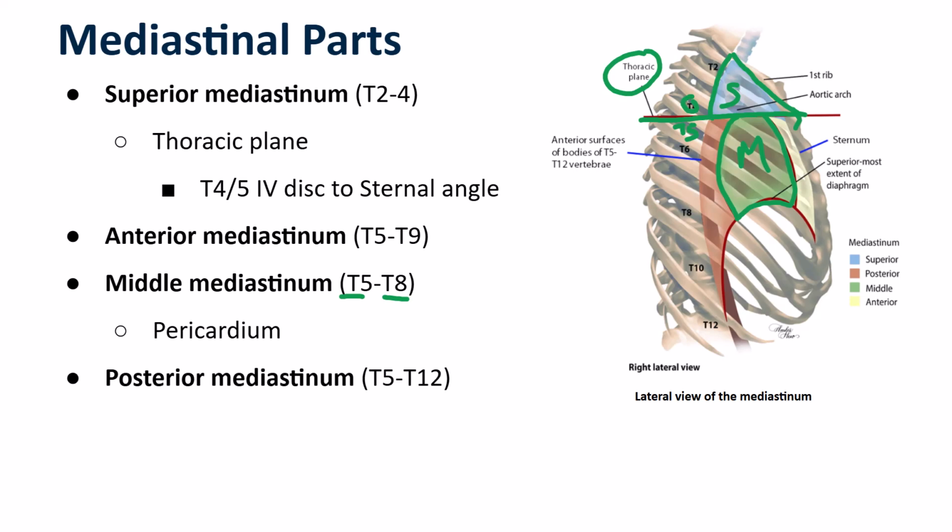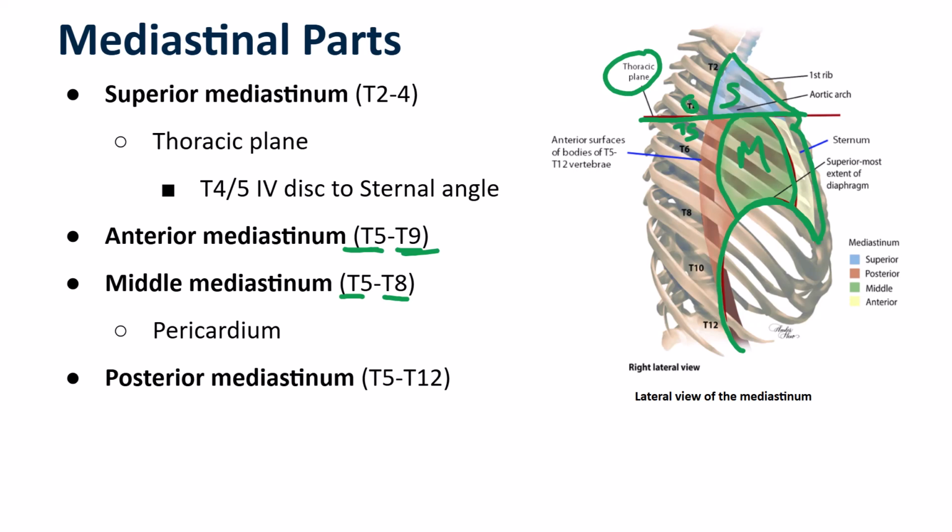The anterior mediastinum is everything anterior to the pericardium and posterior to the sternum and superior to the diaphragm. Now, what I want you to do is take a look at how curved this diaphragm is. This is going to come back in an important way when we discuss the respiratory system. And so that anterior mediastinum, whereas it sort of has its superior portion at T5, it goes down inferior below the bounds of the middle mediastinum to about T9.